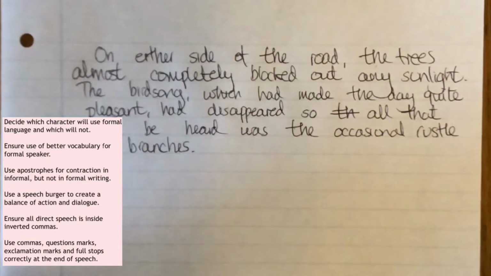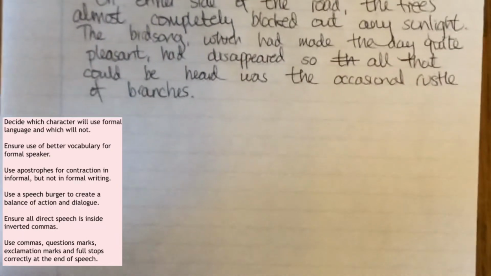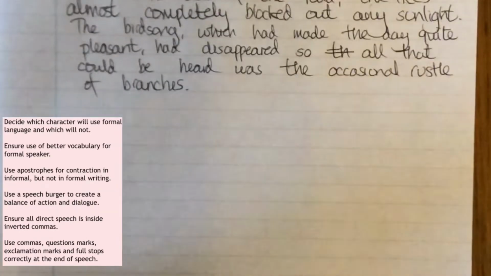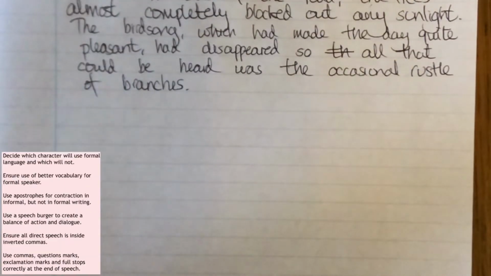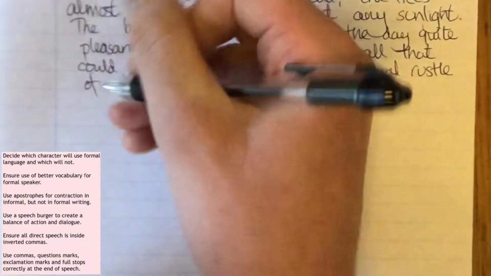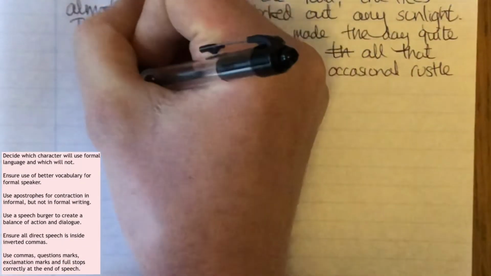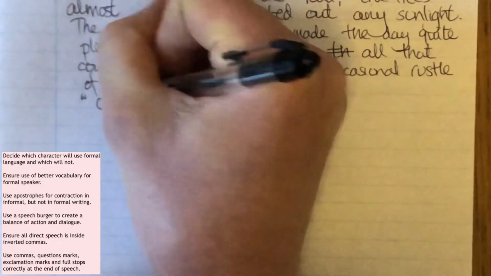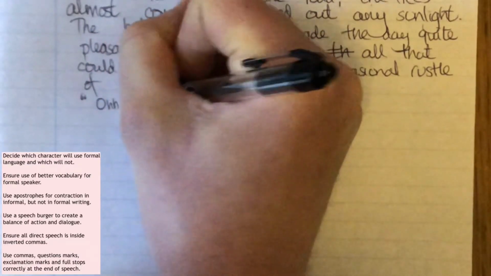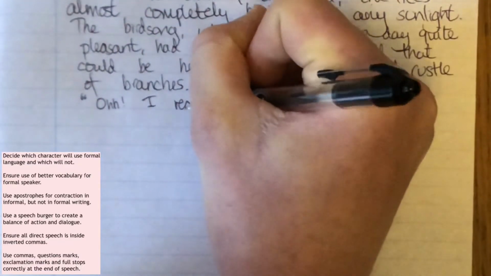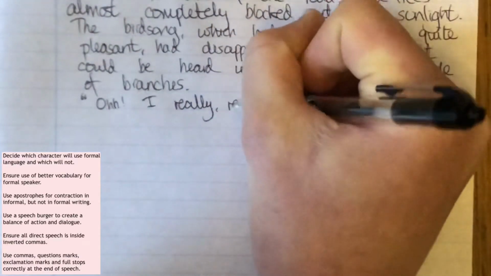So now I need to get into some speech. My first character, who's going to be the lion, is going to say something. Remember, the lion in this one's quite informal. "Oh, I really don't like this.